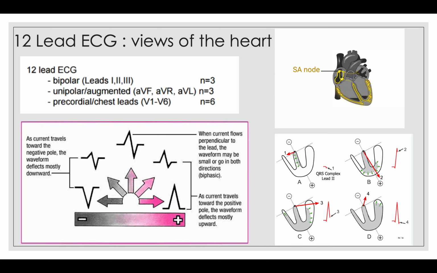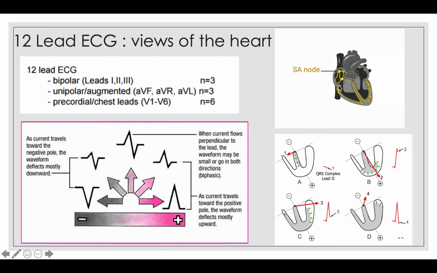Now the reason for this is, if you look at this image here where my mouse is pointing to, initially when the SA node brings down the electrical activity, you can see there is an initial deflection towards the left side this way, which is more towards the negative side. So imagine your right arm, your negative pole, being here, your left arm, which is a positive pole, and your left leg, which is a positive pole. This is going more towards the negative side.